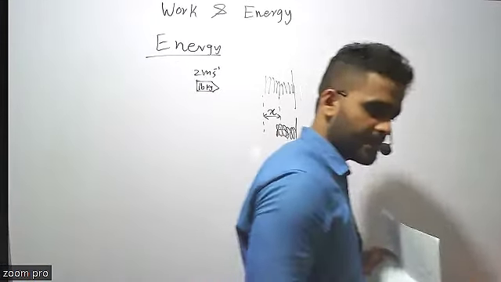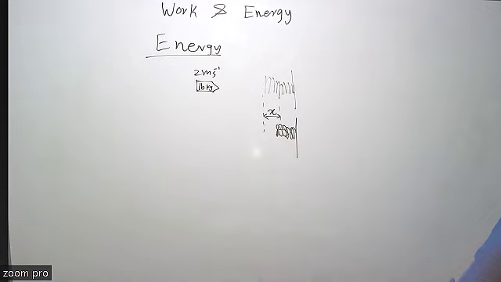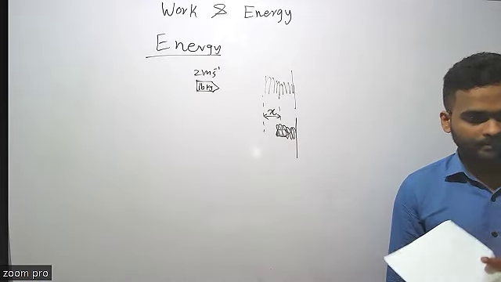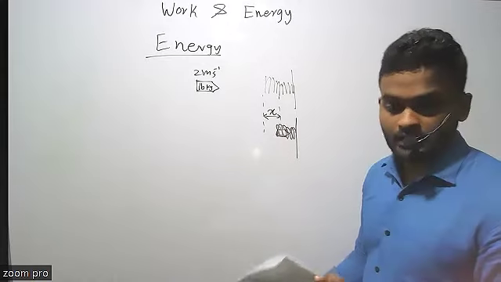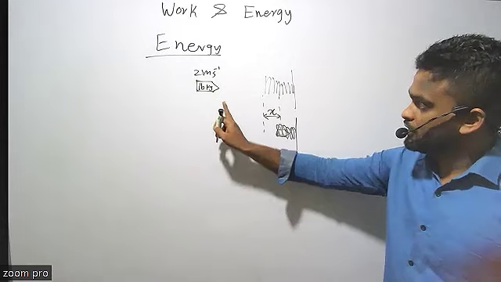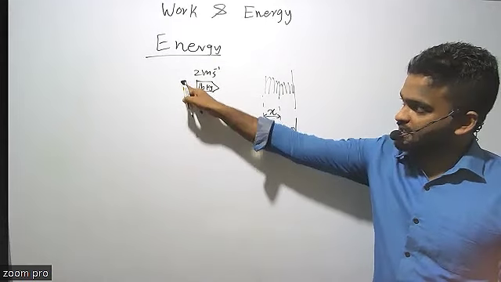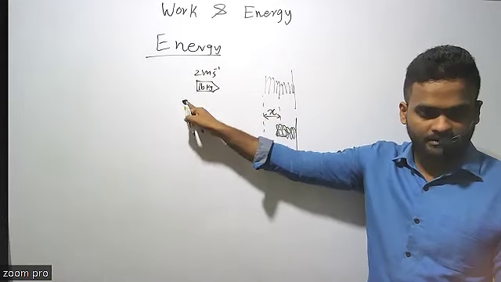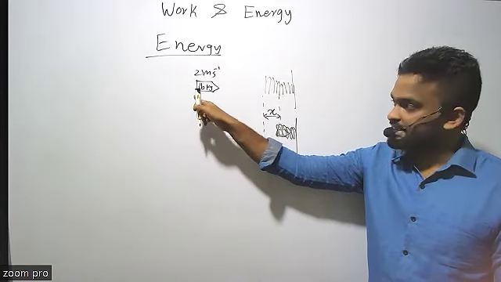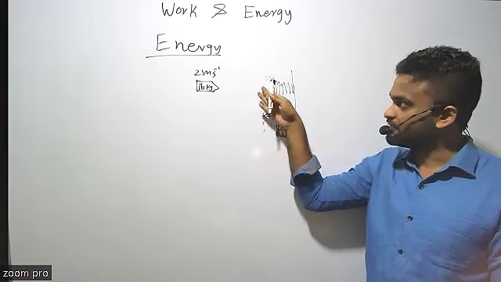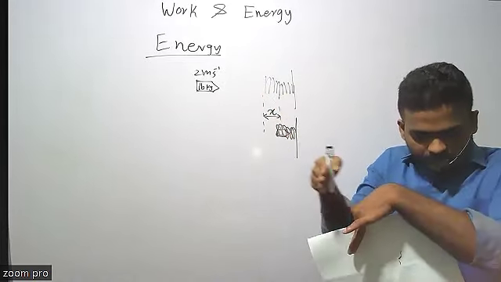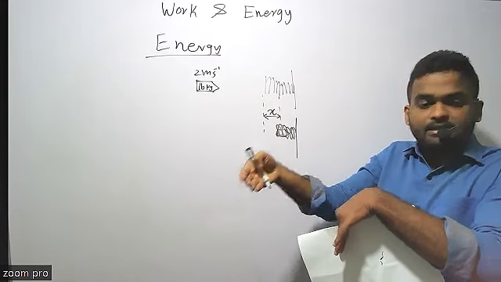Do you understand the energy conversion here? I'll explain again if you don't understand. So bullet has a kinetic energy, since it has a velocity. When the bullet goes and is stuck here, totally stops, that moment the bullet has completely stopped.